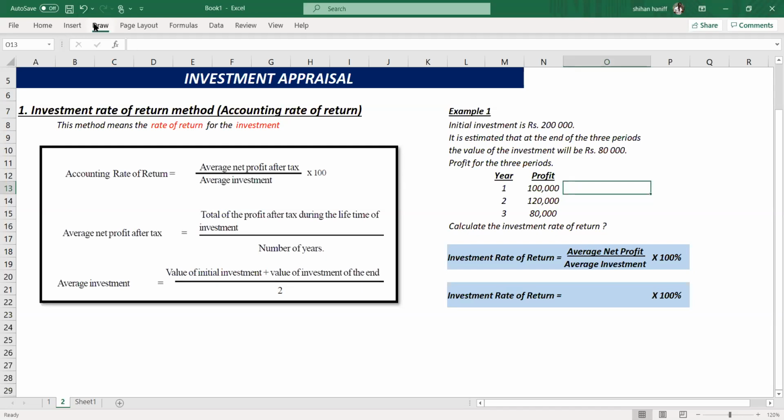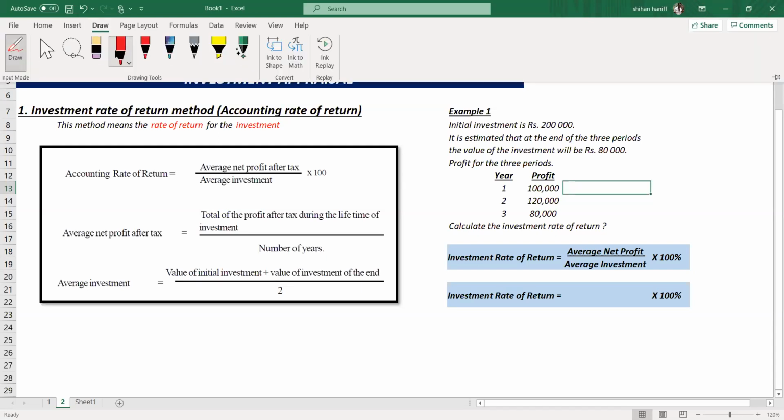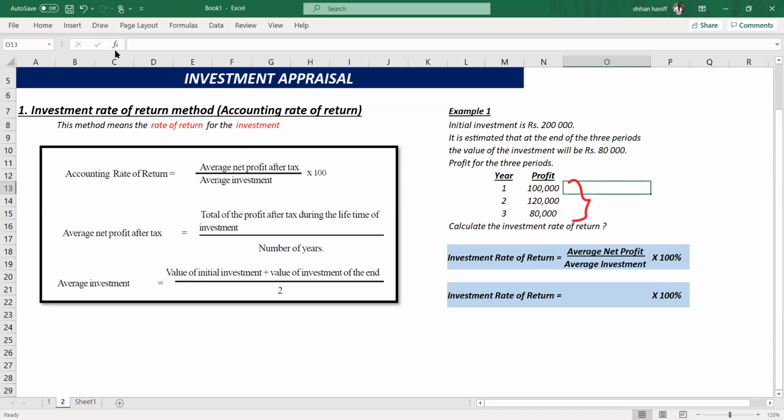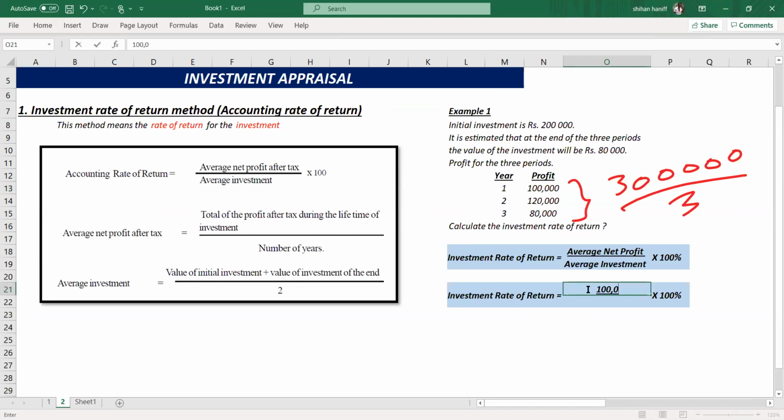Here, average net profit. So there are 3 years. Total net profit is 300,000. Divide by 3. So average net profit is 100,000. Divide by average investment.